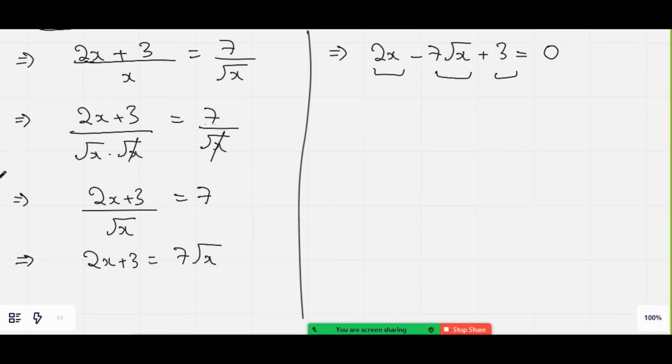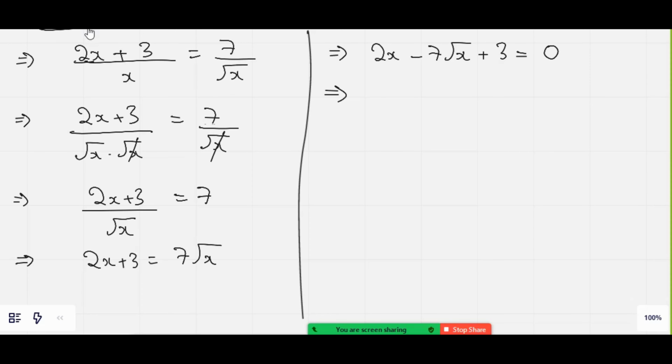But as you can see, the middle term power is half of the highest power, half of the degree, as it is satisfying the situation of transformation into quadratic form. So you can transform this type of equation into quadratic.